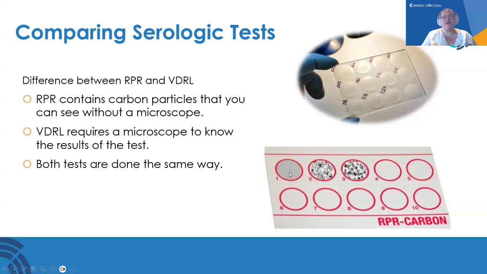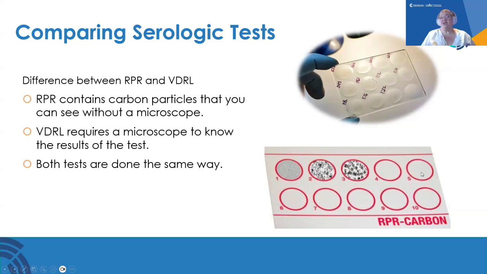And if there's any clumping in this first wheel, then that's considered reactive and a 1-to-1. So then they take a drop of this solution, put it over here, and add another drop of their buffering solution. Mix it together. If it still clumps, that's considered a 1-to-2. Then they take it again and go over here, and they continue to do this process until it stops clumping.